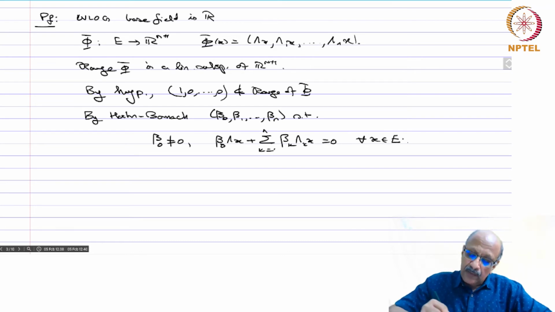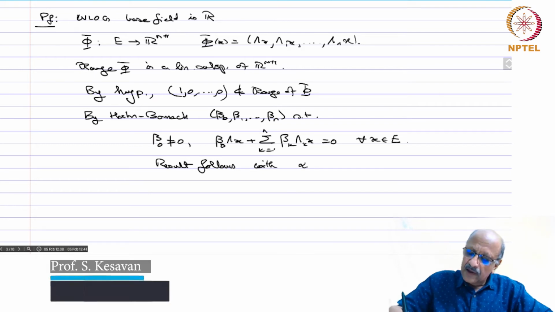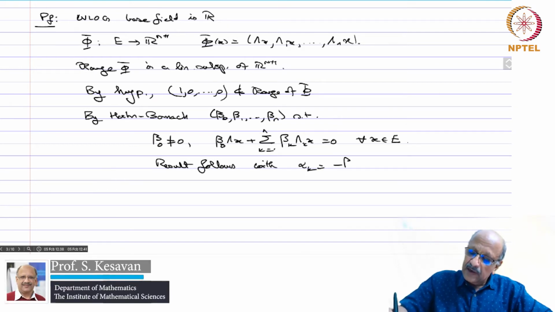Now because beta naught is not equal to 0, the result follows with alpha k equals minus beta k by beta naught. Okay, so that proves this lemma.